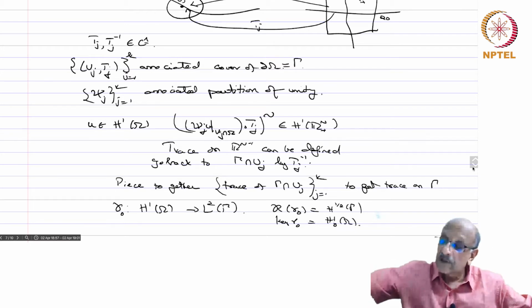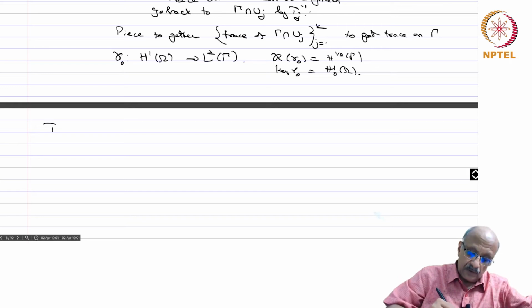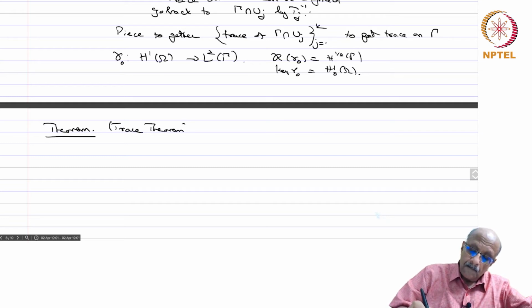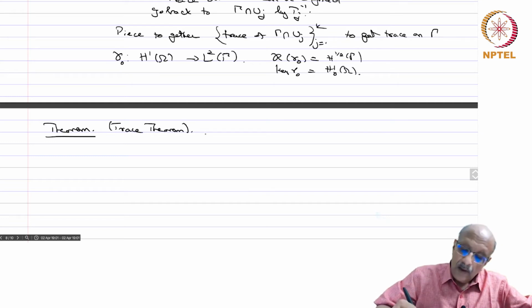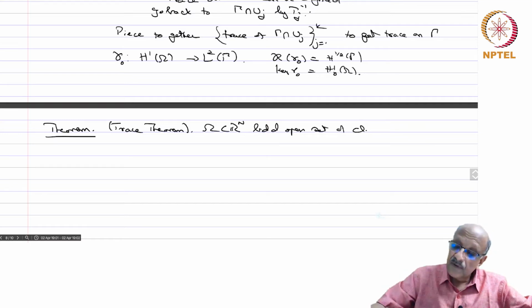Okay, so more generally we have the following theorem. Trace theorem. Omega in Rn, bounded open set of class Cm plus 1.